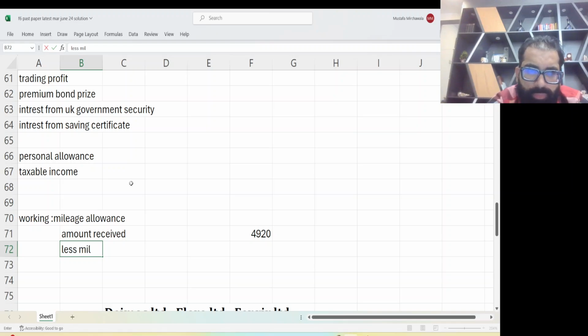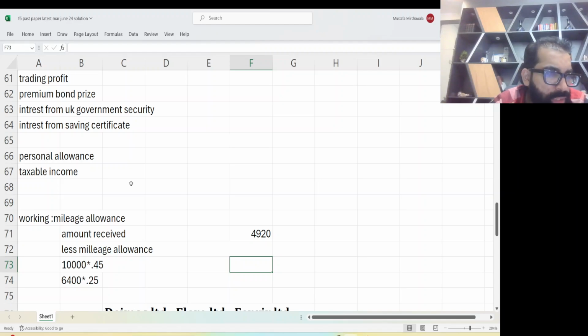mileage allowance. It's going to be 10,000 times 0.45, then 6,400 times 0.25. So the mileage allowance will be 4,500 and 1,600.